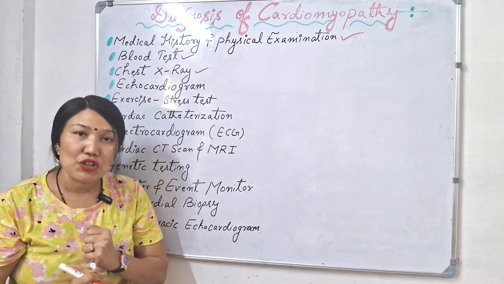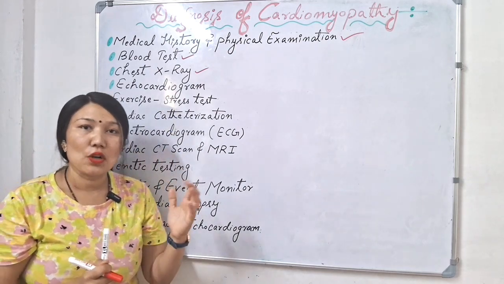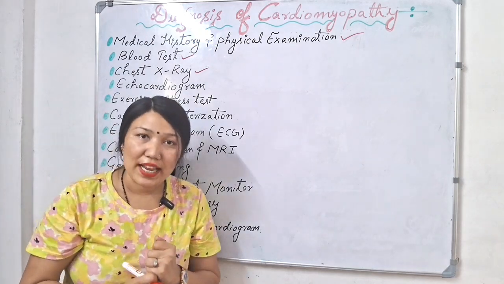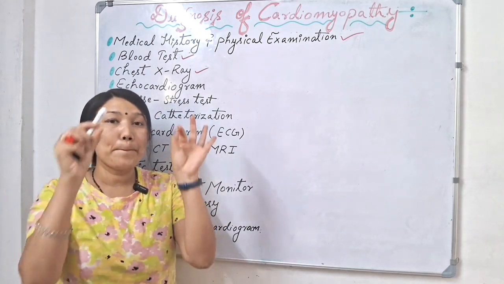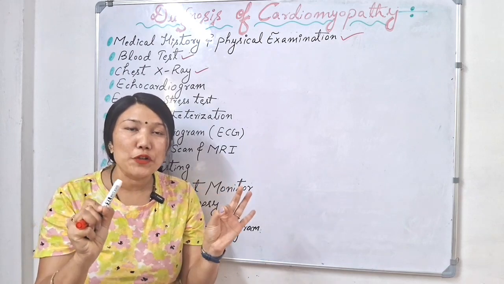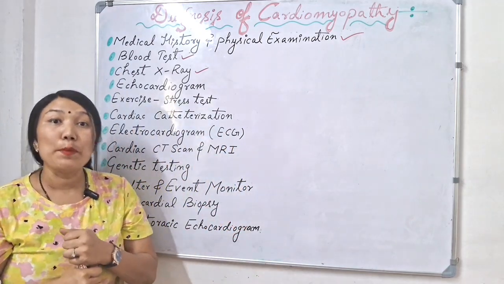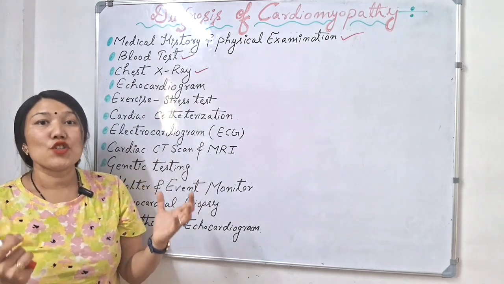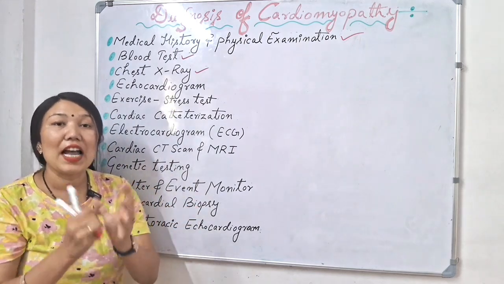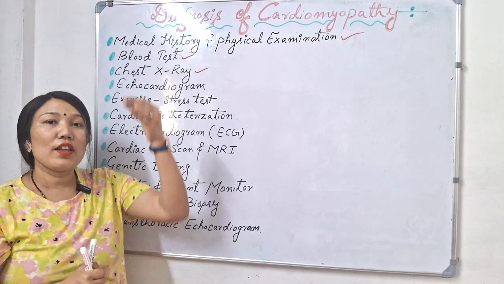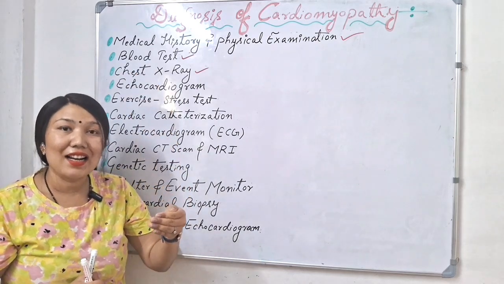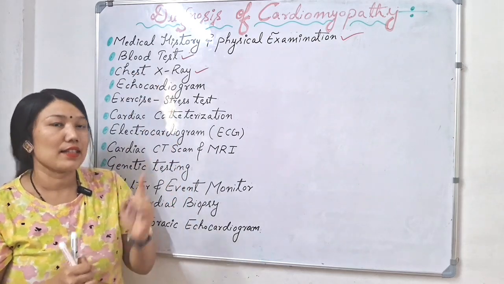Is there any congestion or fluid accumulated in the lungs or not? Through the chest x-ray, we can check for pleural effusion, meaning accumulation of fluid in the lining of the lungs, and we can also check for pneumonia, and for cardiomegaly, enlargement of the heart. So through the chest x-ray we can see a clear-cut image of the heart and lungs.